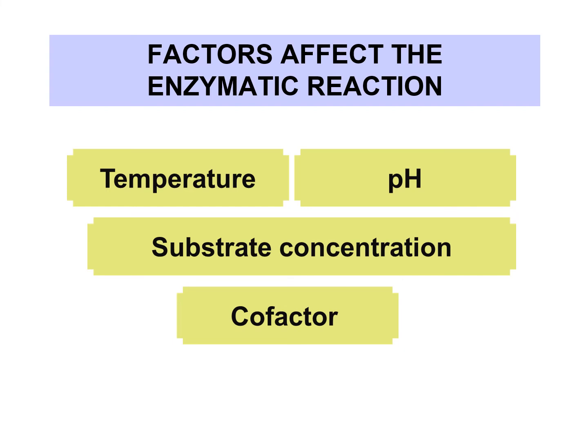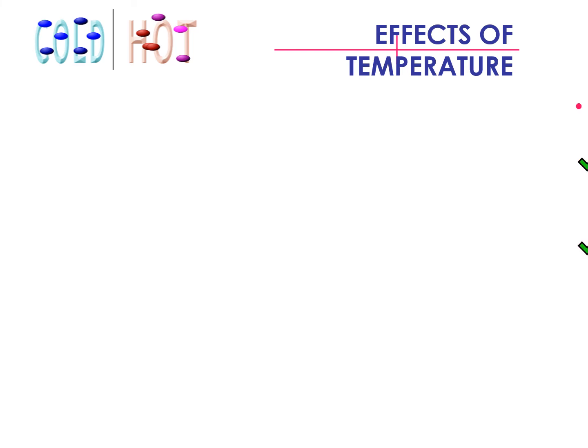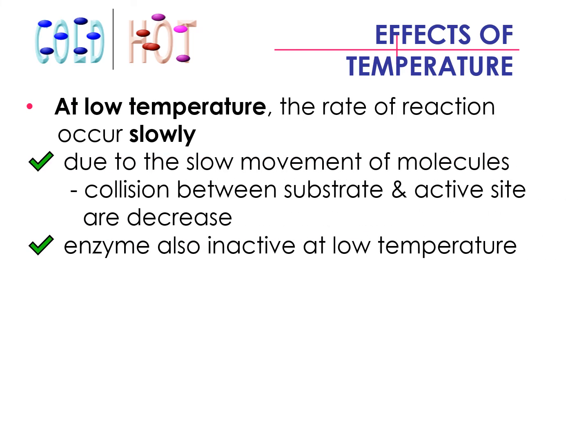So let's look at factors that affect enzymatic reaction. We learned about temperature, pH, substrate concentration, and also the presence of cofactor. The effect of temperature. At low temperature, the rate of reaction occurs slowly.